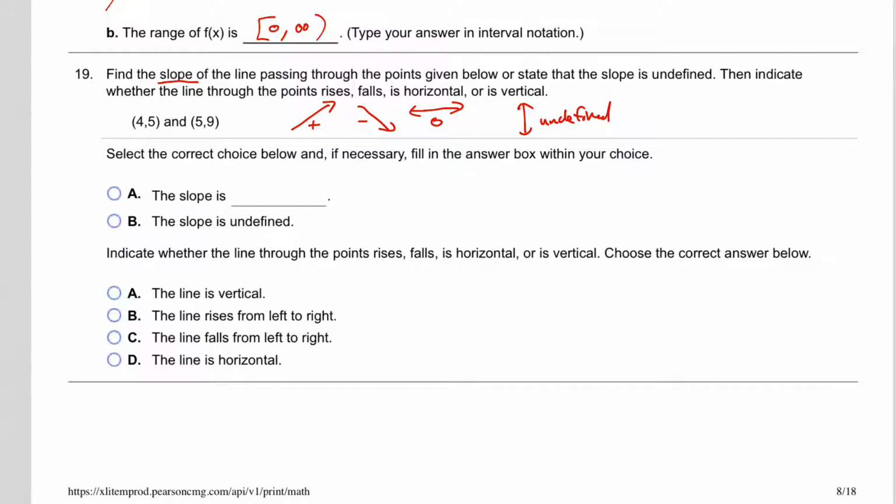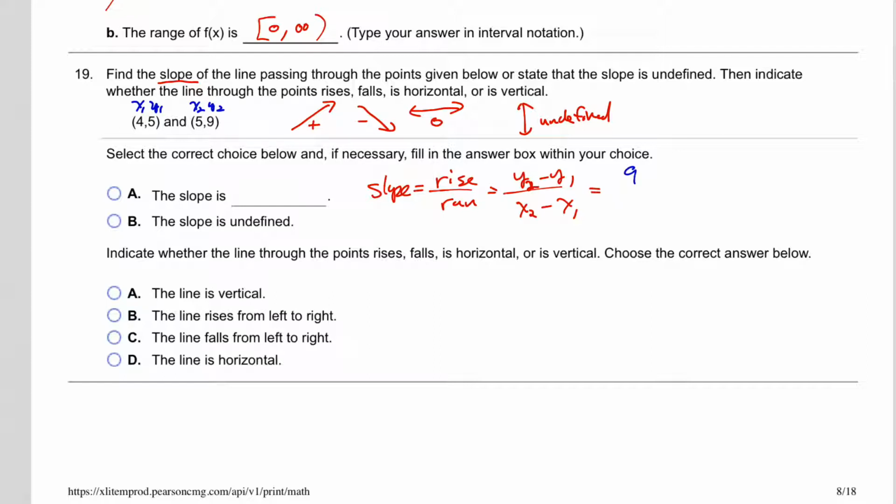So, slope among various things is going to be rise over run, which is the difference in the y's over the difference in the x's. So we call this our first x, our first y, second x, second y.